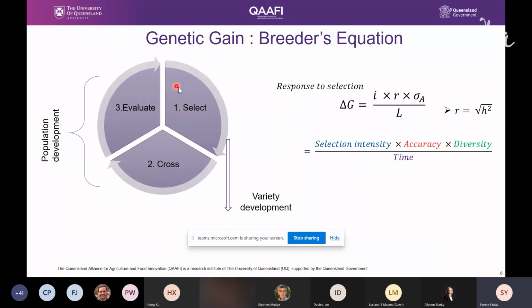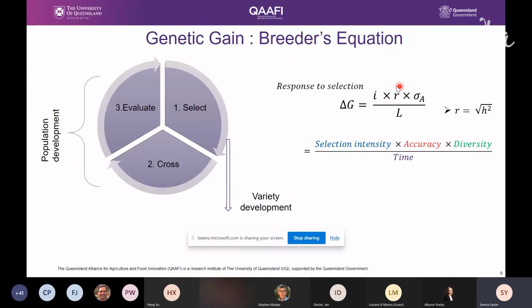So all three components keep going, and the total time required to complete all these steps is called the breeding cycle.